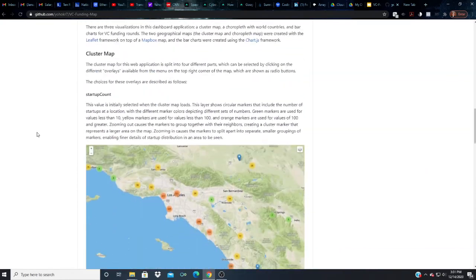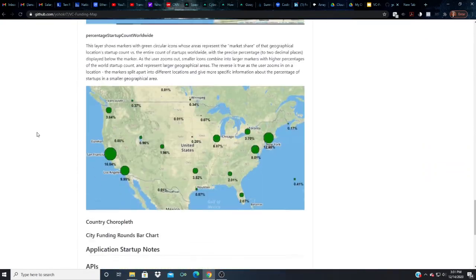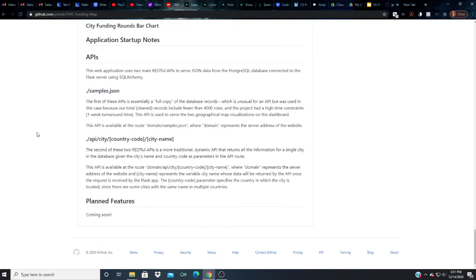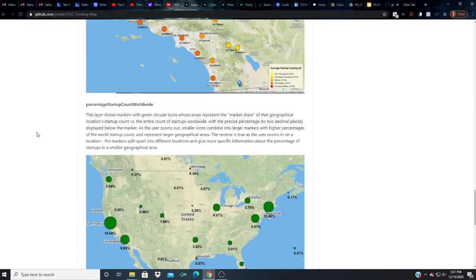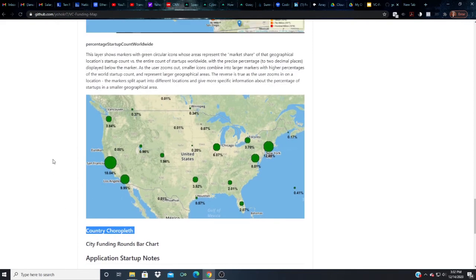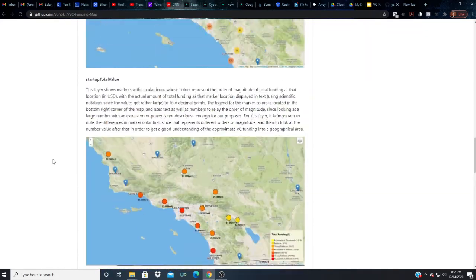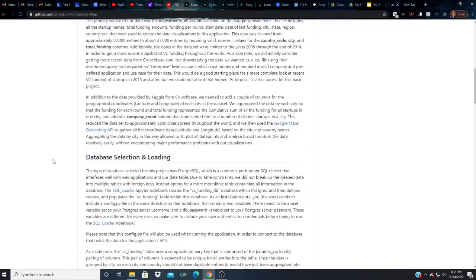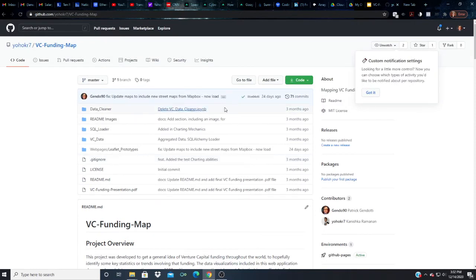It would be good to go through this README if you wanted more detailed information. I still need to complete some sections, like the choropleth details and explanations, but this is the whole app.